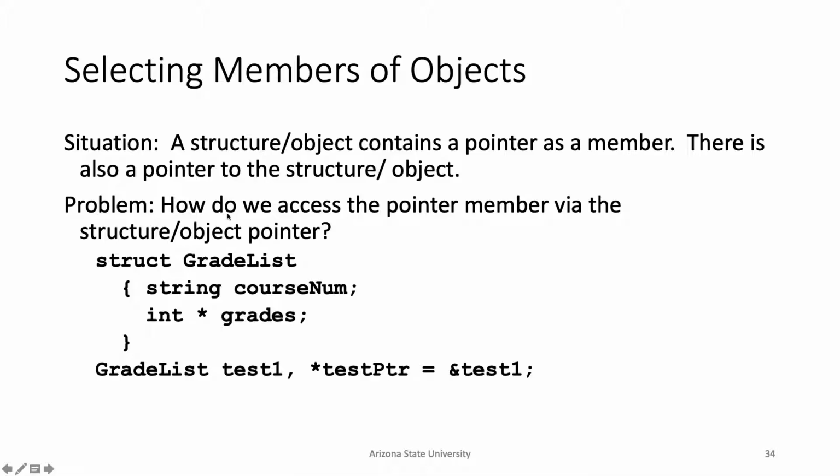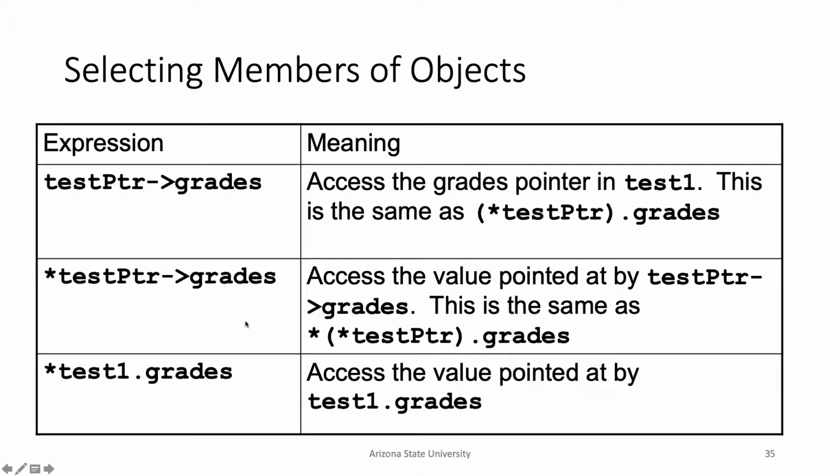So how do we access the pointer member via the struct? Let's just say we think of this as a class, since structs are essentially the same as classes. We have a grade list pointer right here, and we're pointing it at some other grade list. Then if I want to access the grades pointer, we have three ways essentially of accessing it.